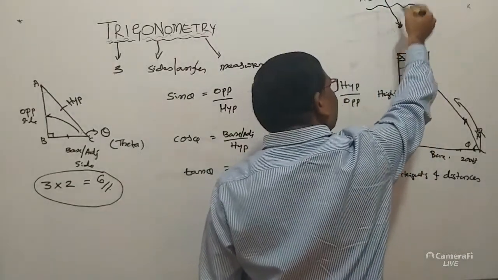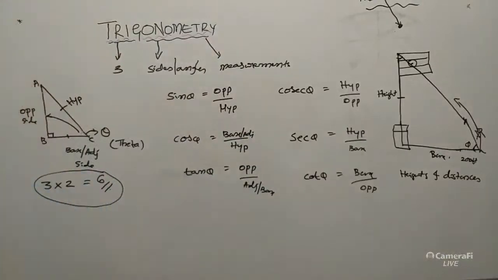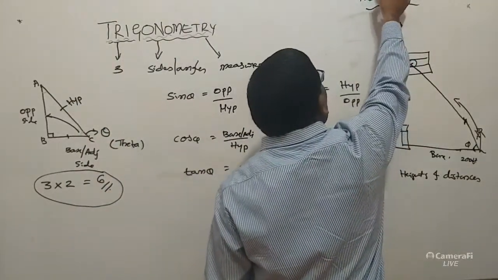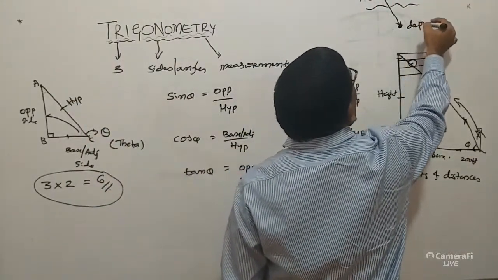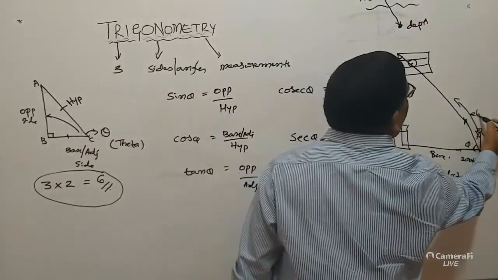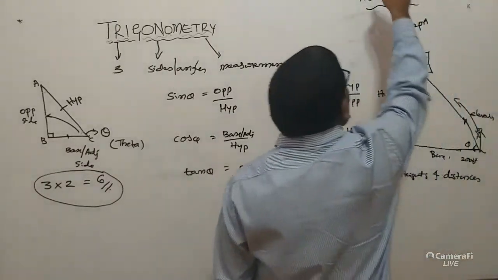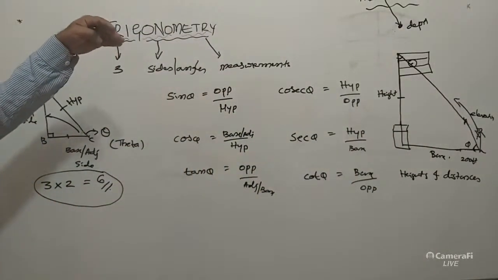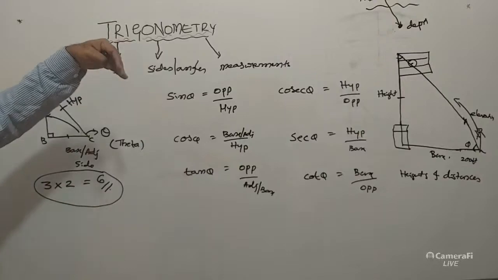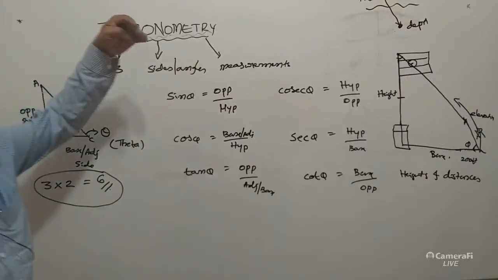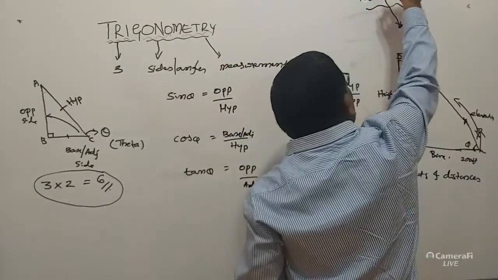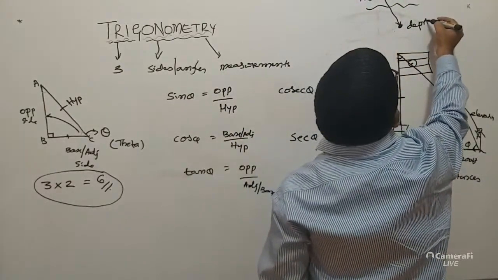If he is looking downwards, the angle that is formed is called the angle of depression. The earlier one is the angle of elevation, as I told you. When the person is on the bridge, looking downwards towards the object, the angle from his eyesight to the object is called the angle of depression.